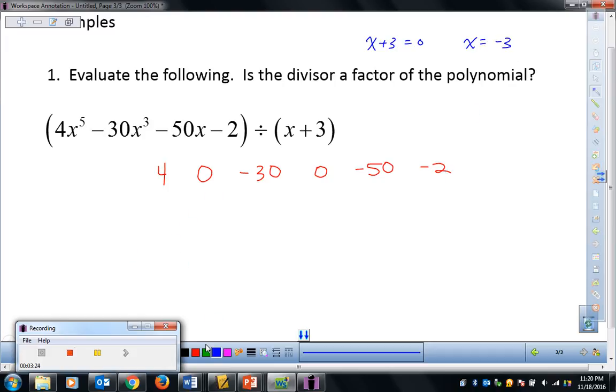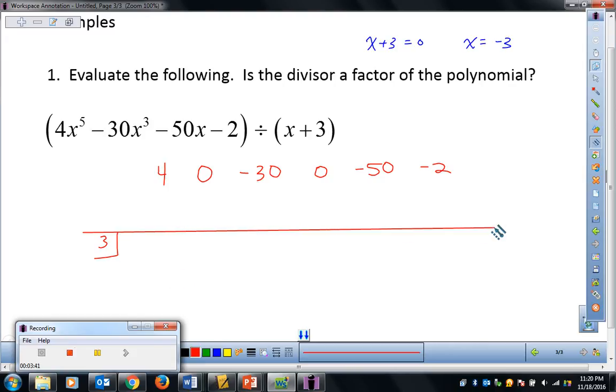So I'm going to take that negative 3 and put it down here next to the polynomial coefficients that I've already written. I'm going to draw a straight line all the way across, and then I'm going to bring down the first term.